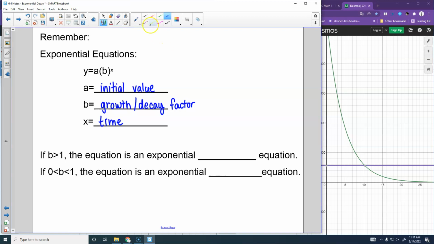If b is greater than 1, the equation is an exponential growth equation. But if b is between 0 and 1, the equation is exponential decay.